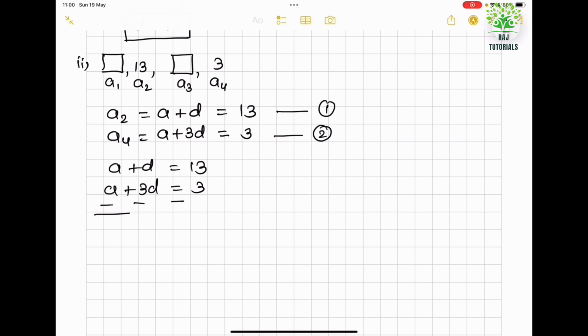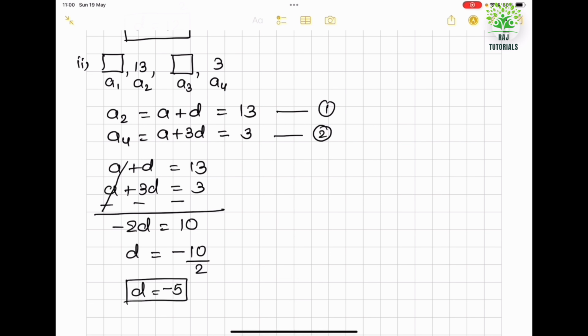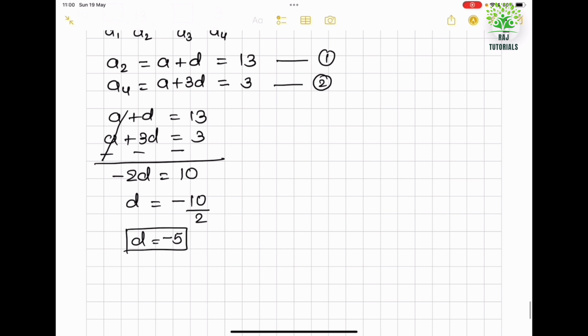So subtracting, a cancels. So minus 2d equals 10. So d will be minus 10 by 2, so d will be minus 5. Now I got d, but I still don't know a_1. So to find a_1, a_1 will be equal to a_2 minus d.